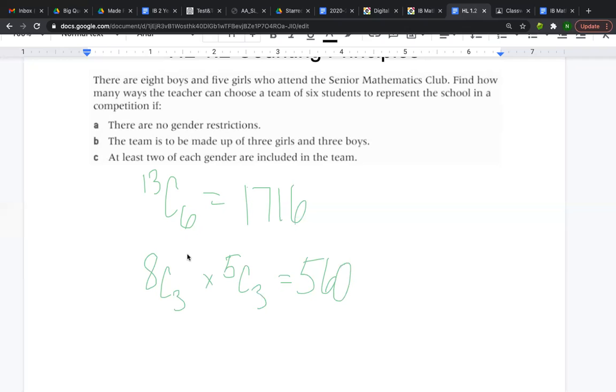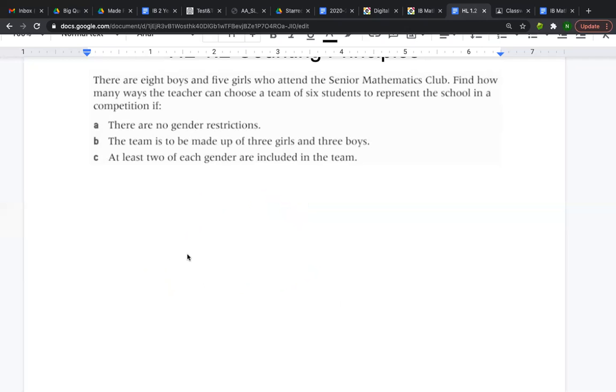Okay, and then the last one has 2 different ways to do it. It says at least 2 of each gender are included in the team. So I think the most straightforward way of thinking about this is to figure out what the combinations are. And this way works because the numbers are so small.